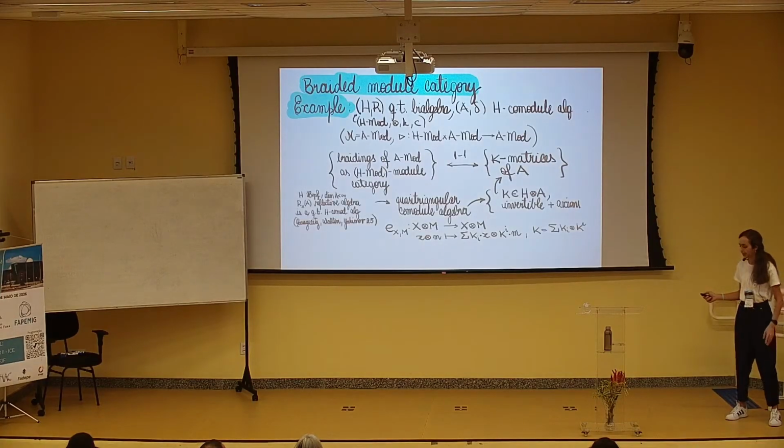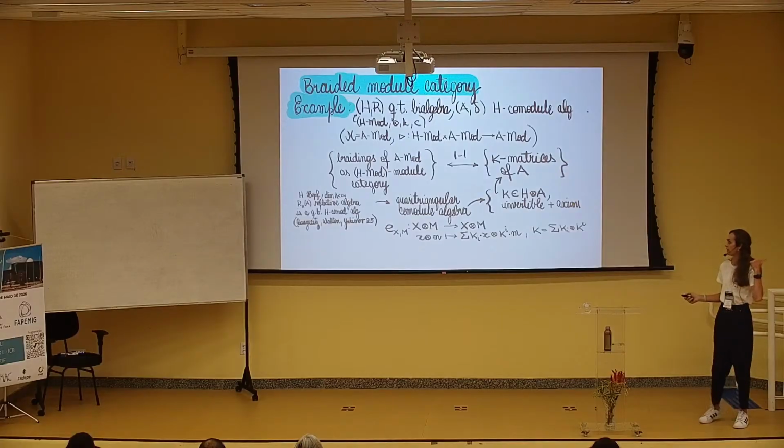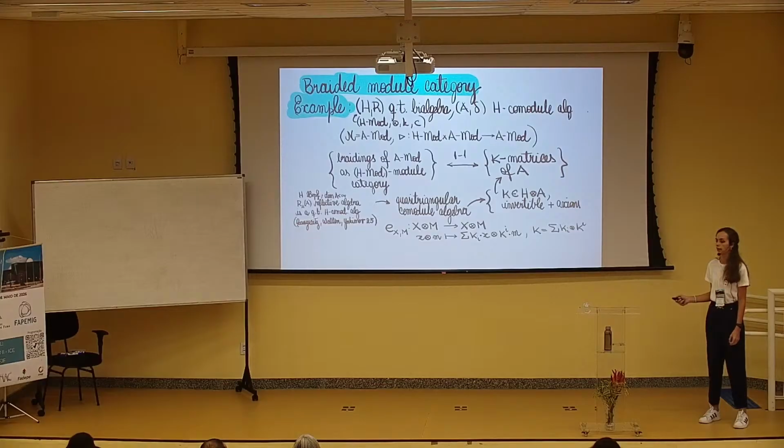So recently, last year, in the paper of Lowitz, Walton, and Yakimov, I think this is the same as Adriana told us. If you take H a Hopf algebra and your comodule algebra is finite dimensional, you can construct this reflective algebra. I don't want to define this, but this is a quasi-triangular comodule algebra. So every time you have H and A, you can construct a quasi-triangular comodule algebra. So they exist.